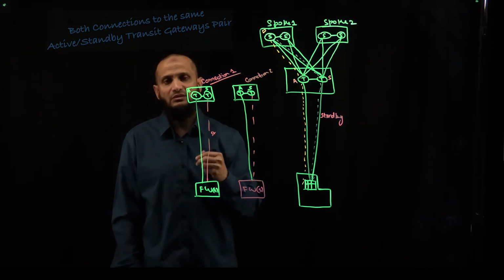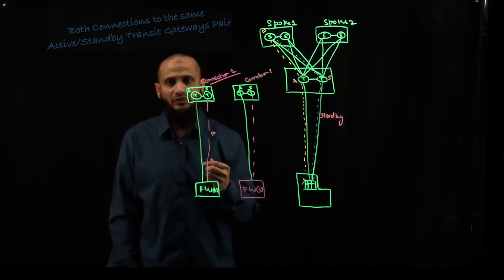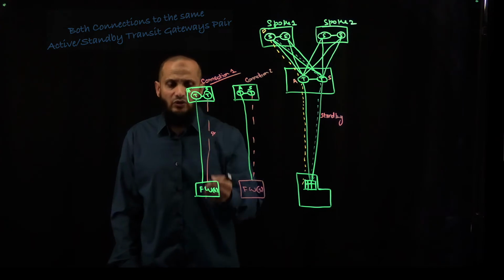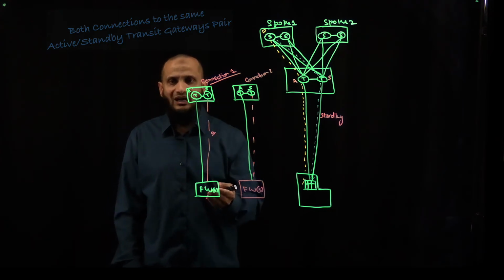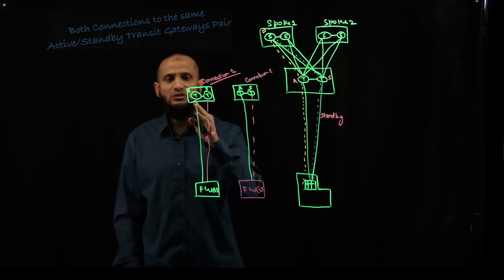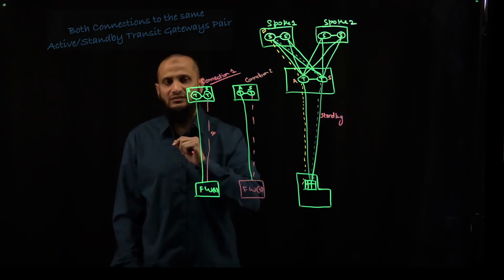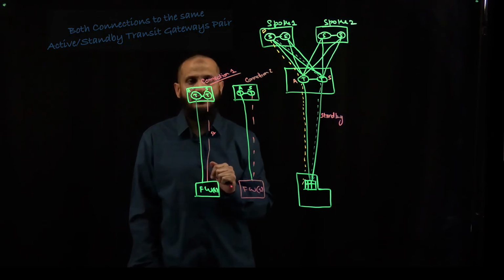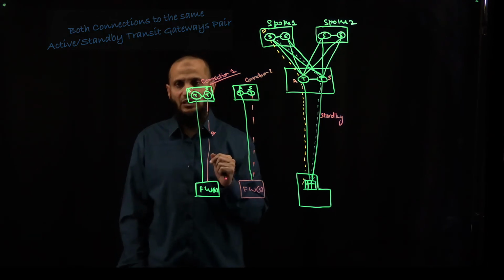This is something done by the Aviatrix controller. And we are not going to use this connection unless all the active tunnels go down and we switch the active from the primary transit gateway over to the secondary or the HA transit gateway.